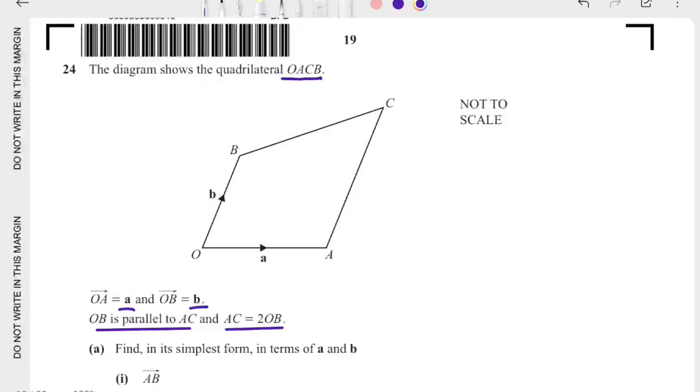It means that AC is equal to 2b. Find AB in its simplest form in terms of a and b. So we have to make a path to find AB.